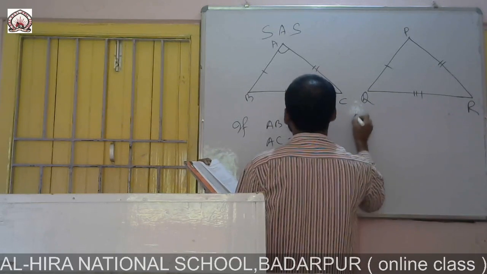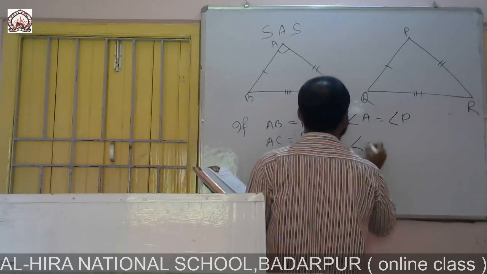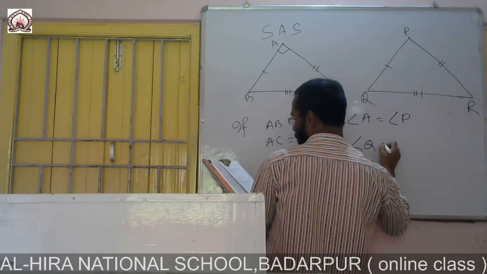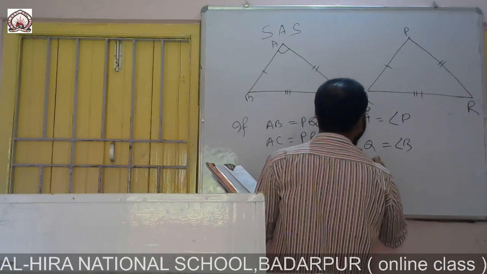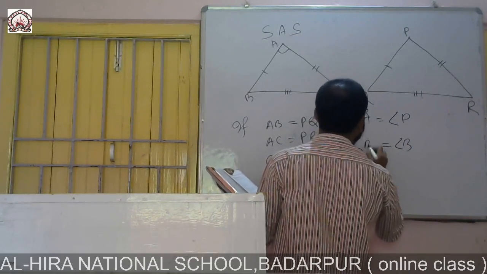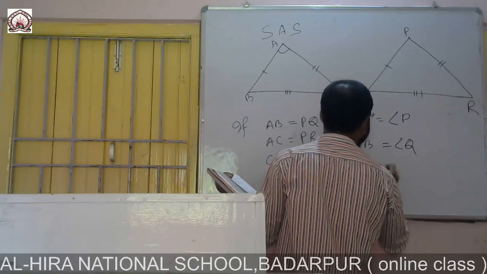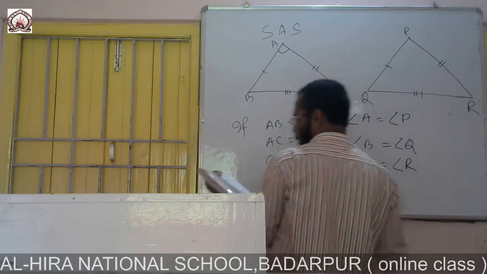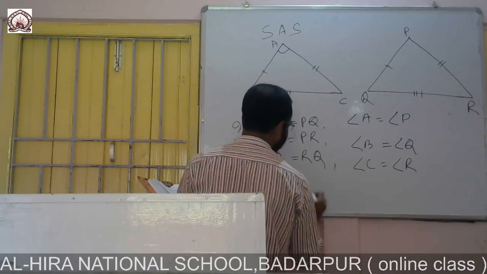Angle A is equal to angle P, angle B is equal to angle Q, and angle C is equal to angle R. Then we can say triangle ABC is congruent to triangle PQR.